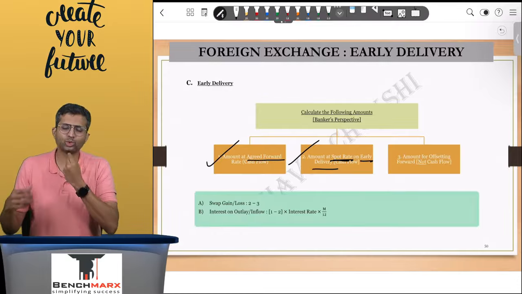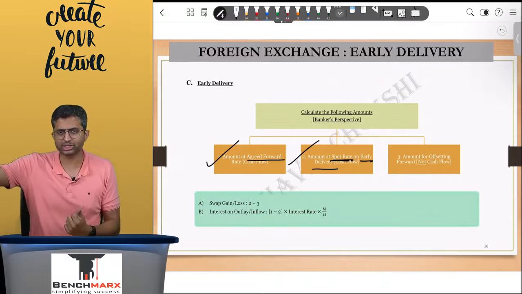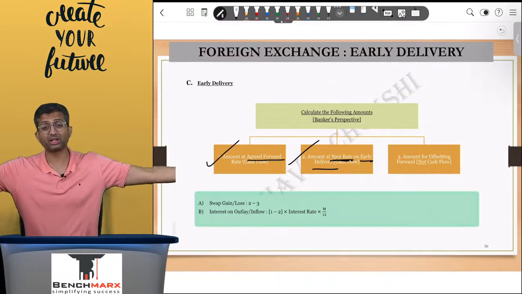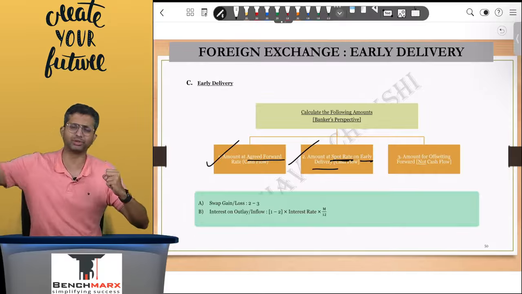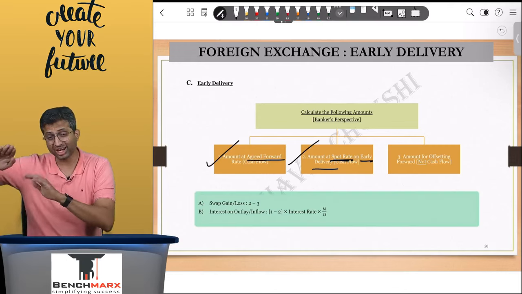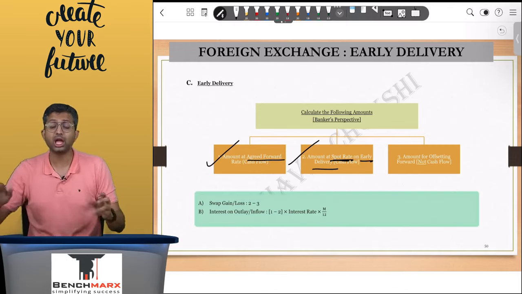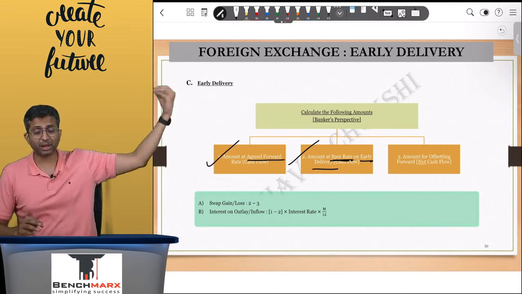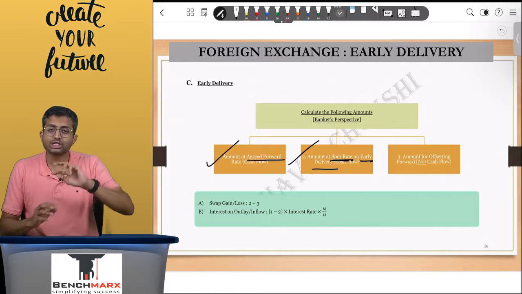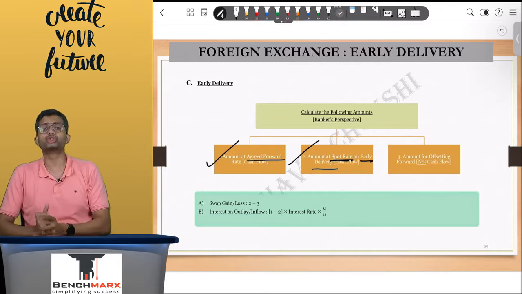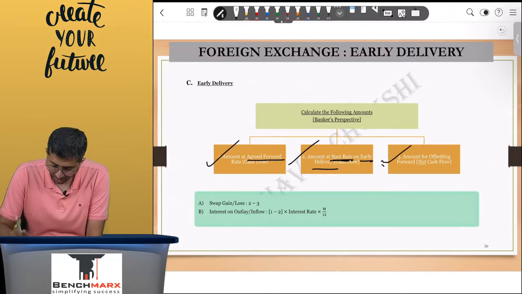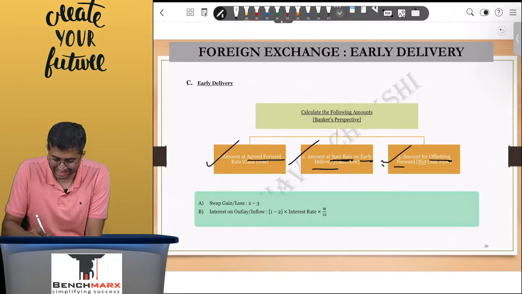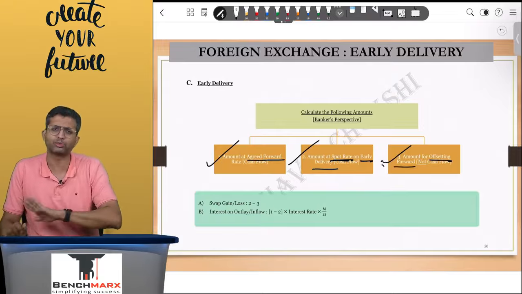Like originally to the importer, you had to sell the dollars as a banker, which means you must have entered into an offsetting contract to buy the dollars on 31st March from somewhere so that you can give it. Now that contract with the client has already been settled. However, your contract in the interbank market is still open, and hence you will have to enter into a position to close that contract. So you will have to have an amount for offsetting forward. So it is like a cancellation on which on 20th February there is no cash flow.